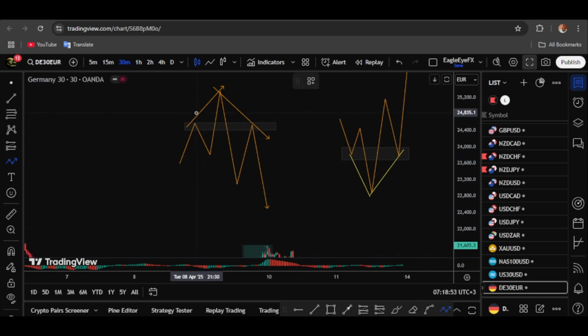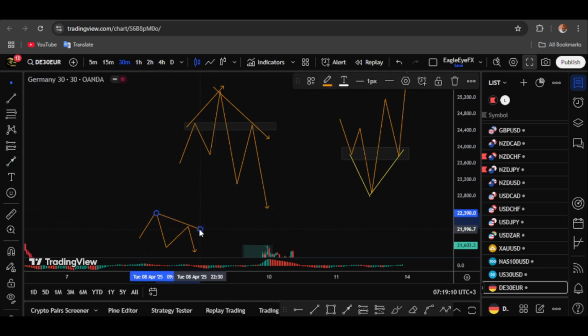And how will the divergence look? As the market is giving us a higher high, the awesome oscillator will give us lower highs. That's how it's going to be: higher high and lower high.